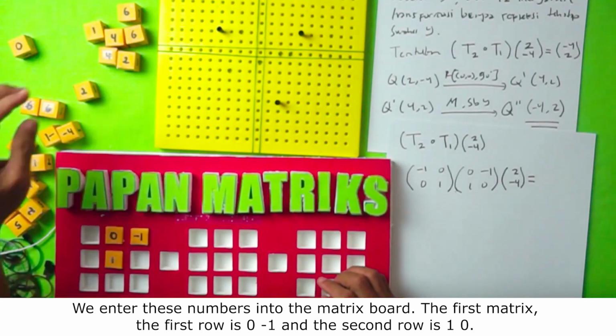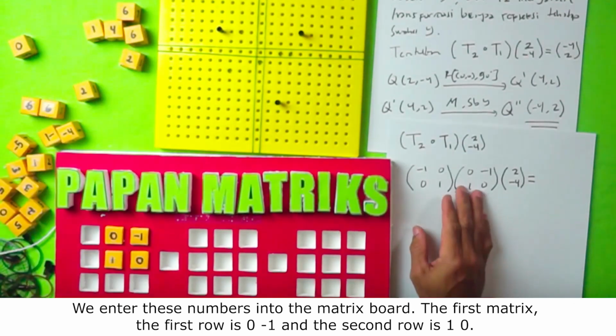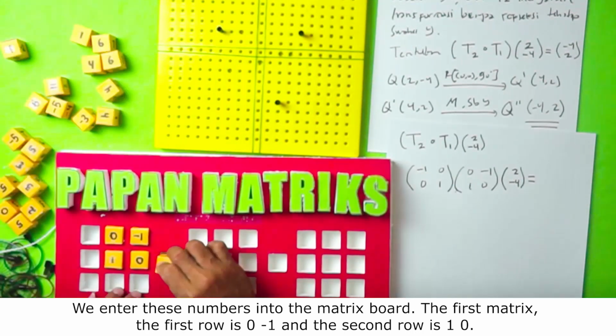The first matrix, the first row is 0, negative 1, and the second row is 1, 0. Then the symbol for the multiplication operation.